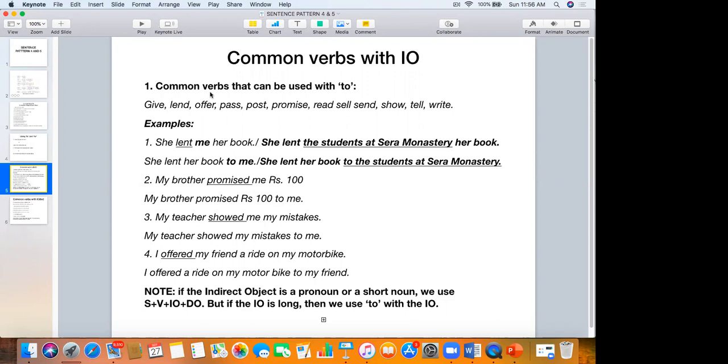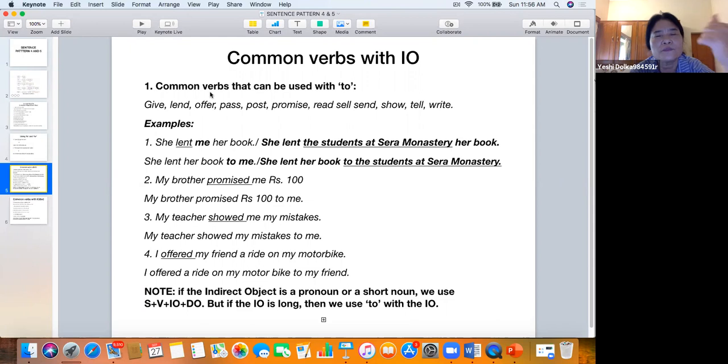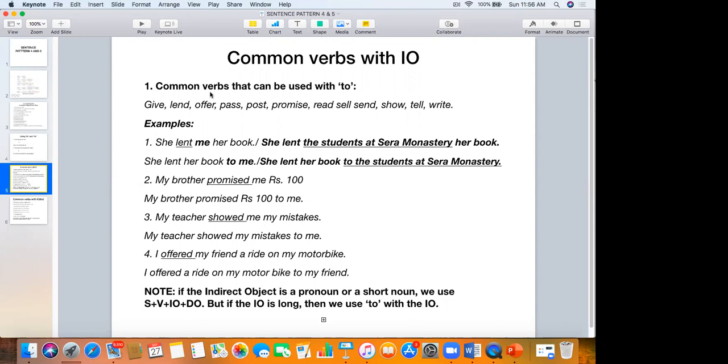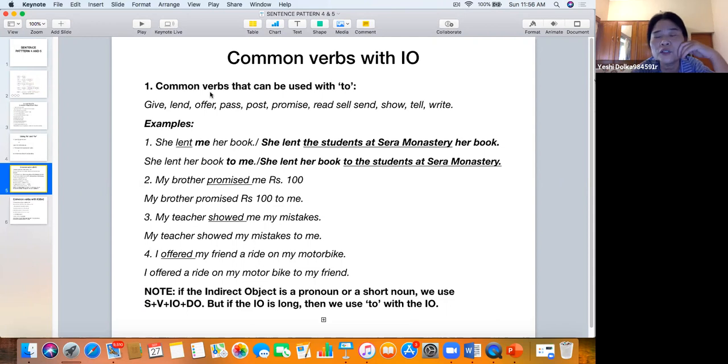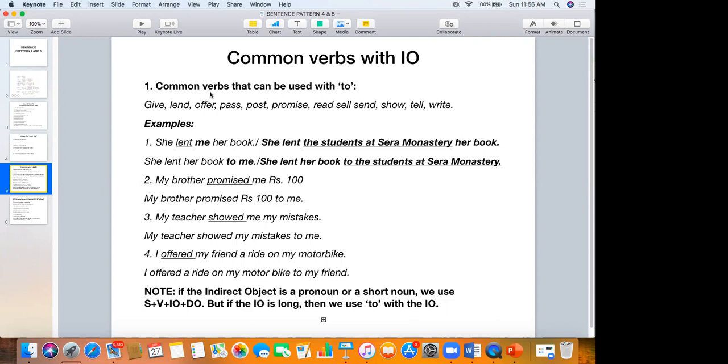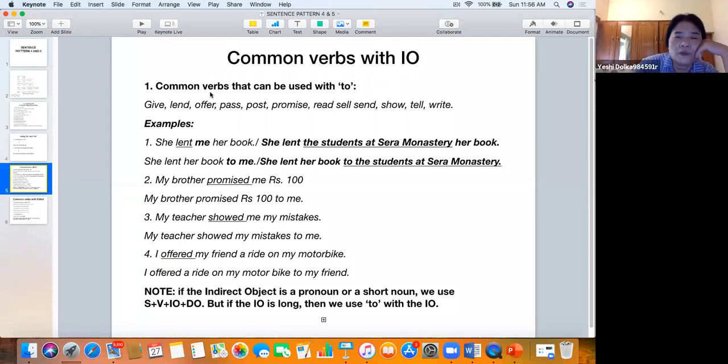This is not a sentence with "on." It's a sentence with "to." He gave me a present. I post a letter to my mother. I post my mother a letter. He gave me an apple. He gave an apple to me.